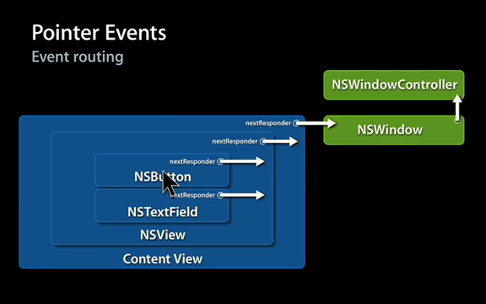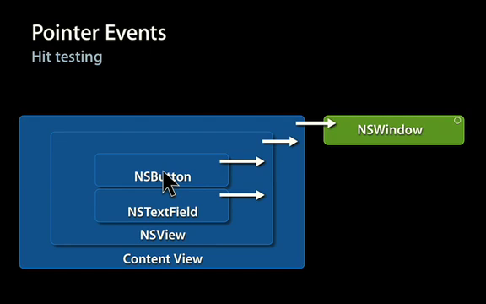So we have mouse downs occurring, and if we look back at our example, in this example, the mouse down is occurring over a button. So the window is going to get the event, and the window is going to try and route it to the appropriate view. And the way it does that is it looks at the view hierarchy, and we turn that around, and we do hit testing.